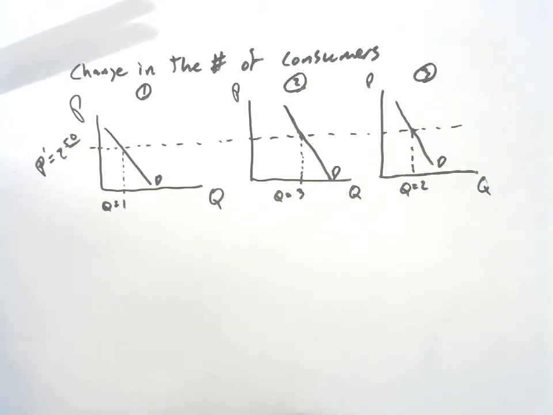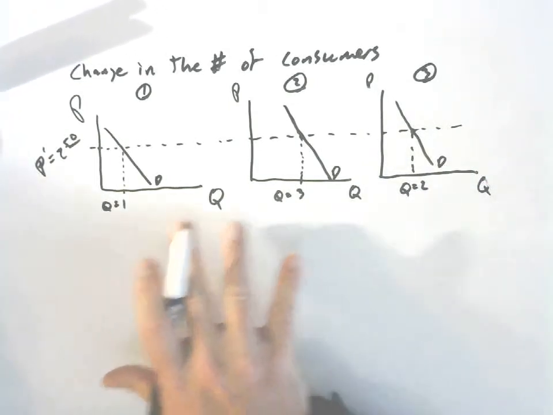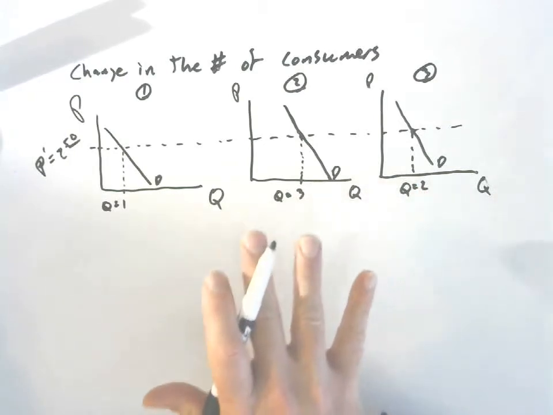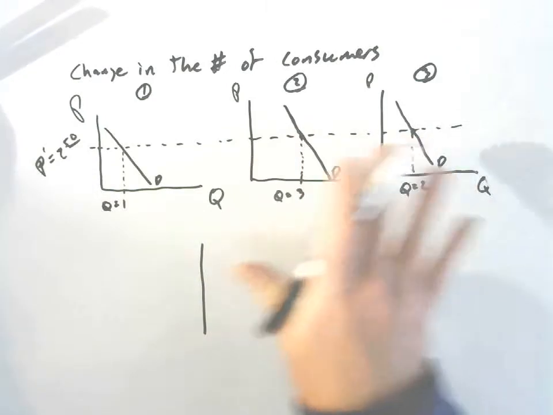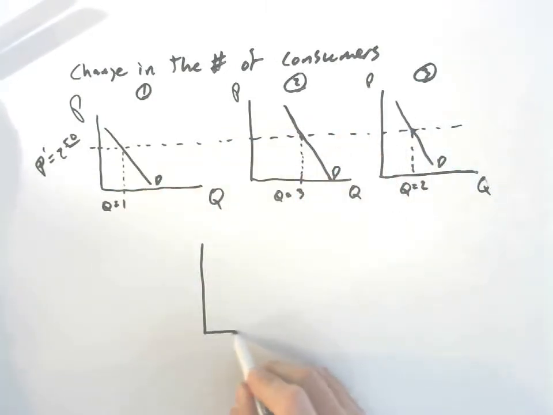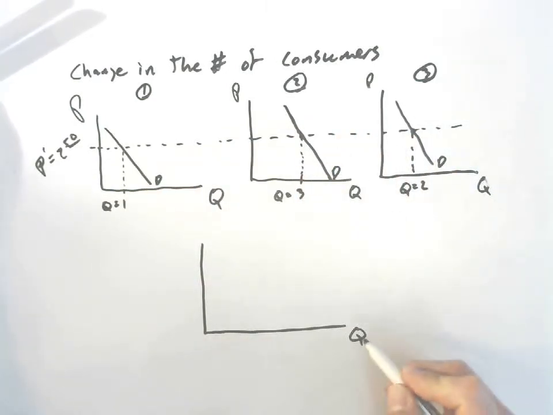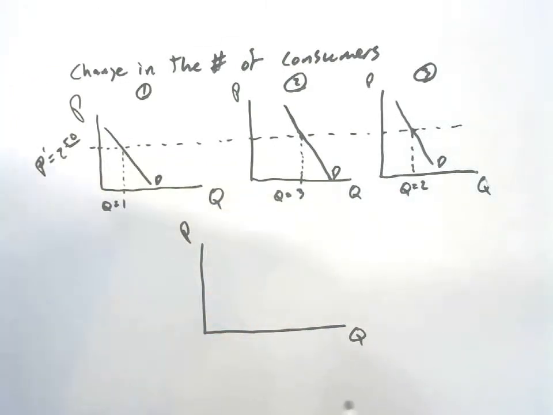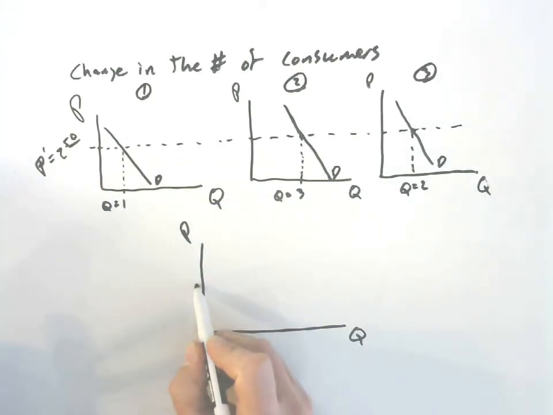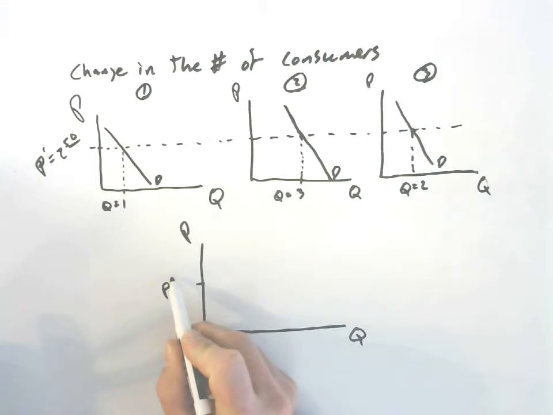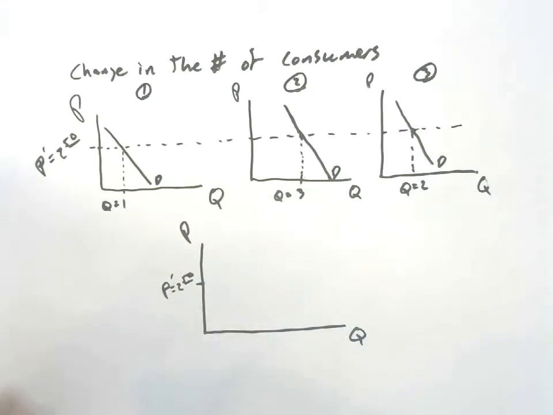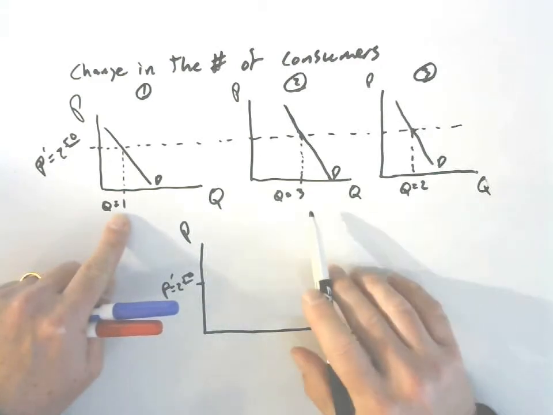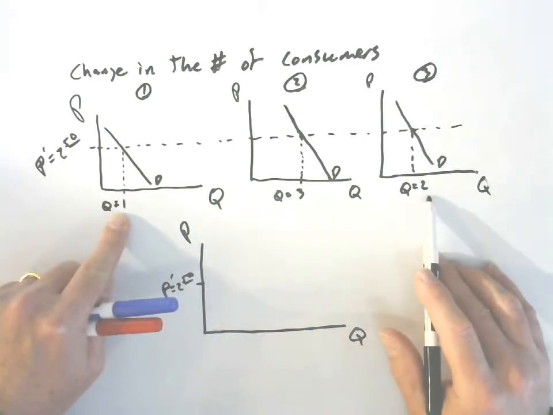Now what does the market demand for hamburgers look like then? We're just assuming there's only three of you in the market right now. At P prime equals $2.50, you would have 1 plus 3 plus 2 hamburgers.